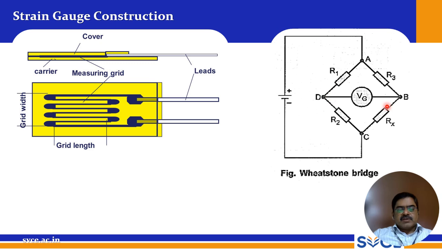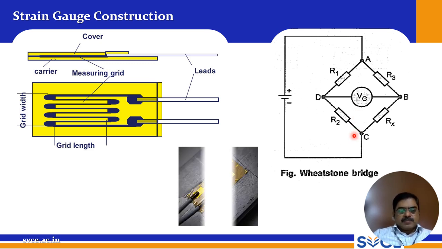The potential difference between these two terminals, that is D and B, is measured using a voltmeter or a galvanometer, and power supply is given to terminal A and terminal C. So this is the simple Wheatstone bridge circuit, and this is the actual strain gauge. This is the backing material on which the foil is mounted.